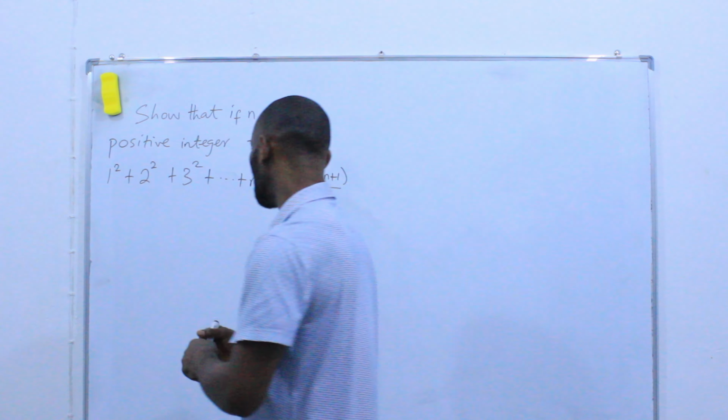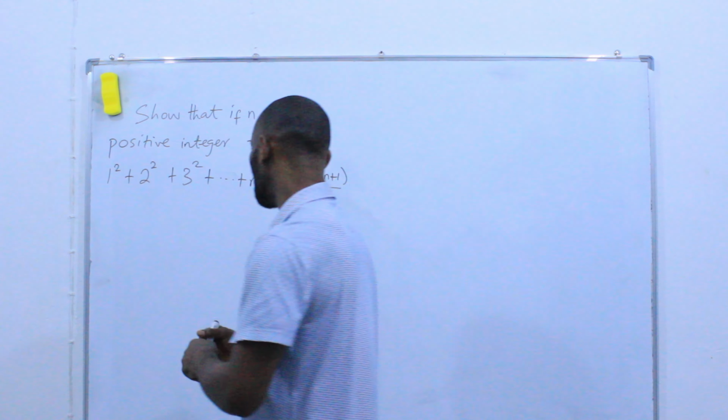Now, if we substitute this into this formula, when n is 2, we have 2 bracket 2 plus 1, 2 times 2 plus 1 all over 6, which is giving us 2 times 3 times 5 all over 6. That is 30 over 6, which is 5.